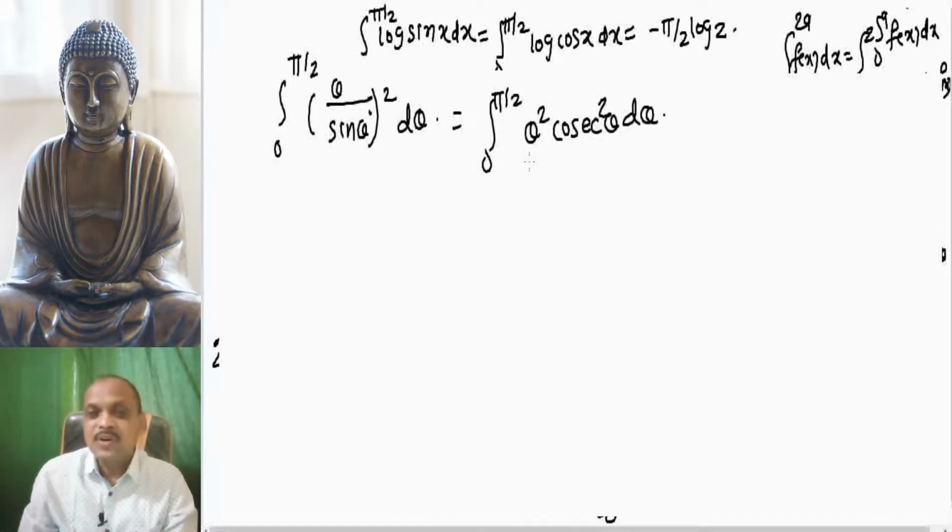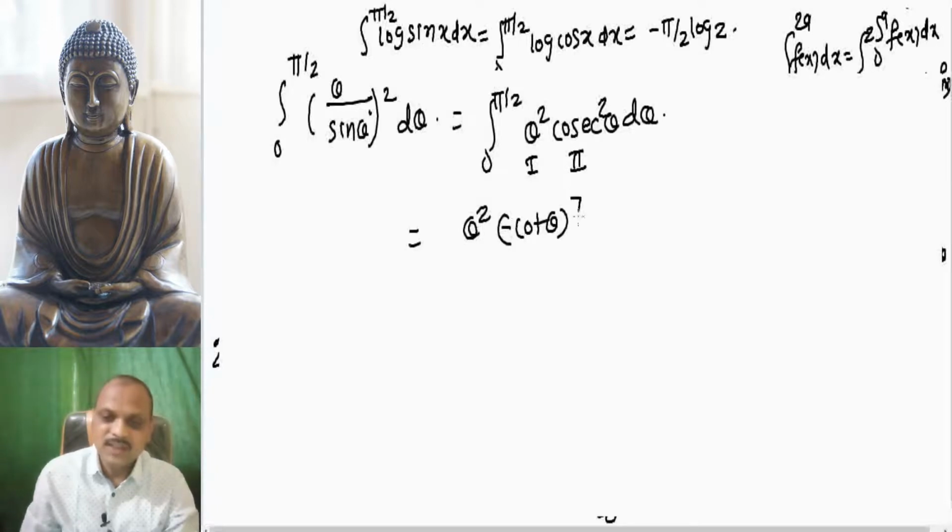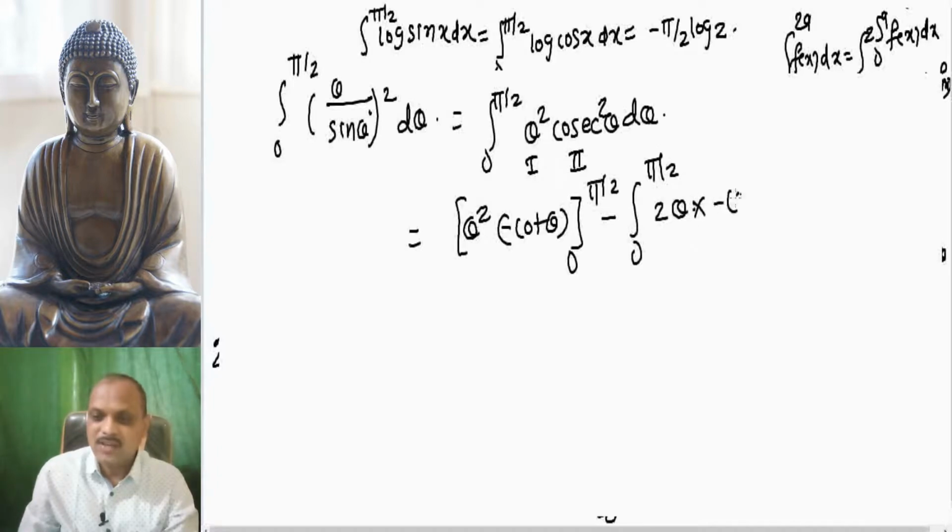Let us apply the product rule. This is my first function, this is my second function. First function theta squared into the integral of the second, which is minus cot theta, between the limits 0 to pi by 2, minus the integral of the derivative of the first into the integral of the second, minus cot theta, d theta.